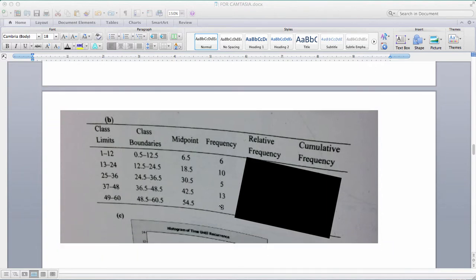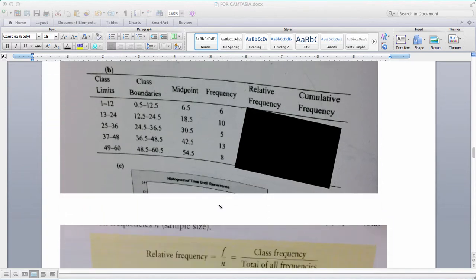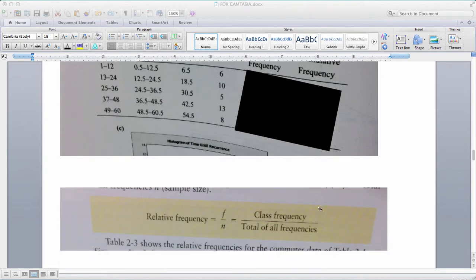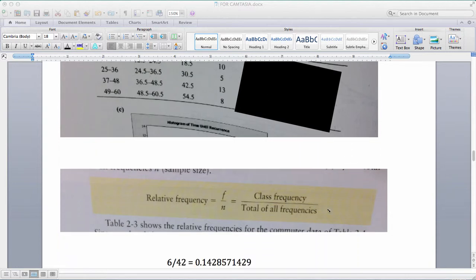So there we go. Now we're going to talk about relative frequency and cumulative frequency together. But let's talk about the definition. Relative frequency is the class frequency, the number of data that fell between 0.5 and 12.5, divided by the total of all frequency.